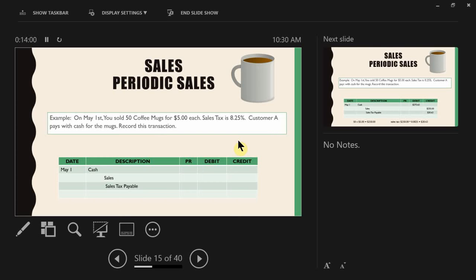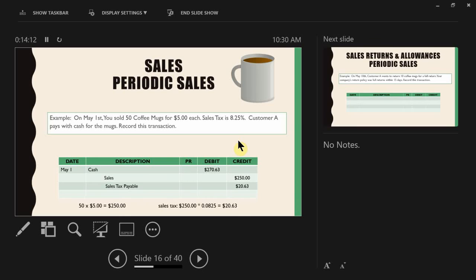So first thing we want to do is figure out what was the total sales. So in this case, right, I sold 50 mugs at $5 each. So therefore, 50 times 5 gives you a total of 250, right? 250 is going to be your total sales. So you're going to charge your tax based on that. Okay, so 250 times 8.25% should give you a total of $20.63.